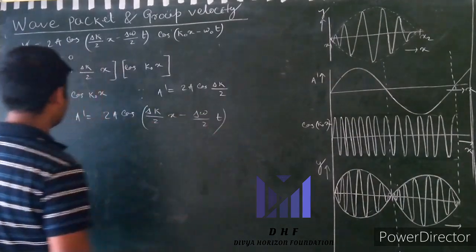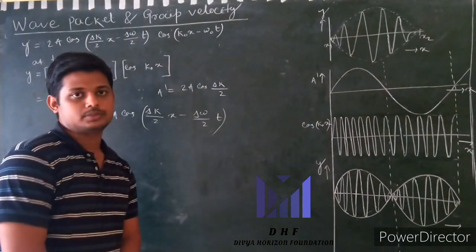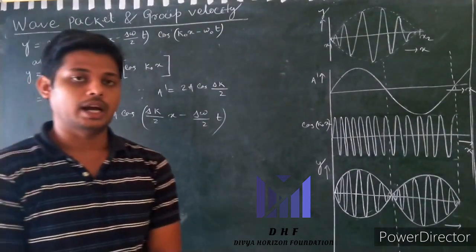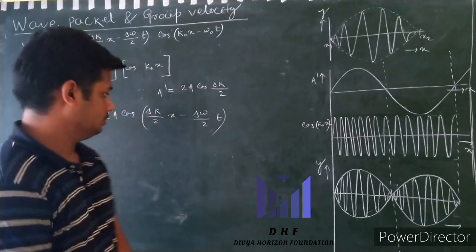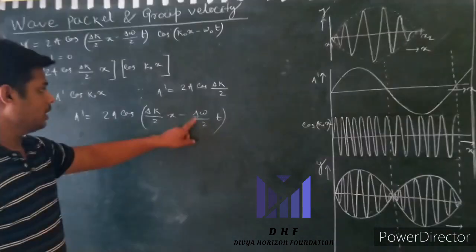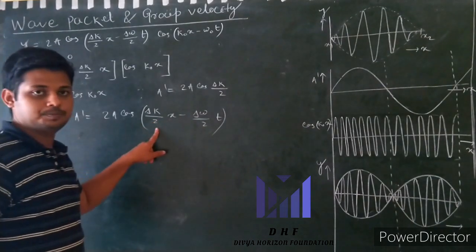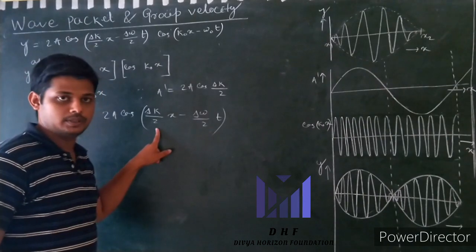This is the general equation of a dash, which we had written earlier as the equation of a dash at time t equal to 0. So from this equation we can see that here del omega by 2 is the angular frequency and del k by 2 is the propagation constant.